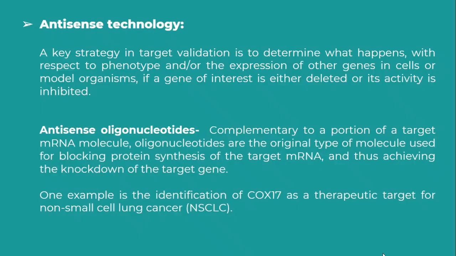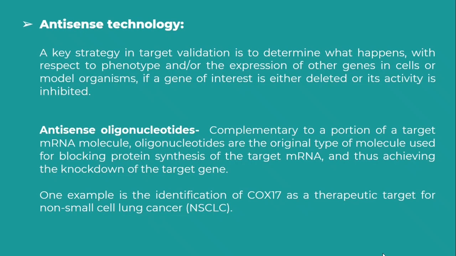Next is the antisense technology. A key strategy in target validation is to determine what happens with respect to the phenotype or the expression of other genes in a cell or model organism if a gene of interest is either deleted or its activity is inhibited. Gene knockout mimics the activity of a drug that completely inhibits the normal function of the gene product.